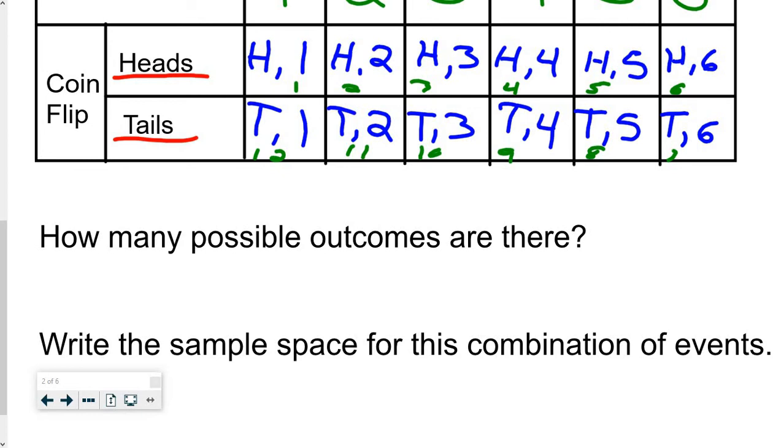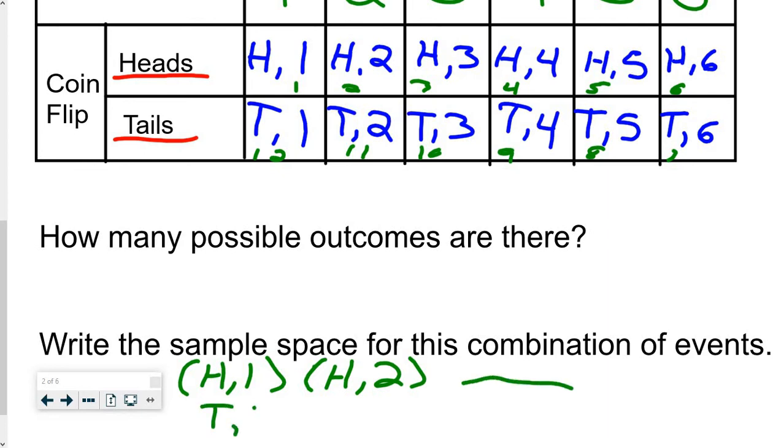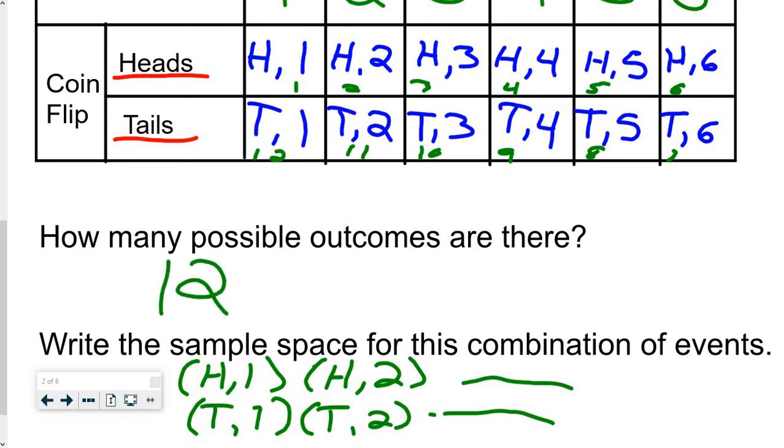So the sample space for this combination of events, we would write it H1, and then H2, etc. Tails 1, tails 2, etc. So there's 12 different outcomes, and we would write each outcome in as the sample space.